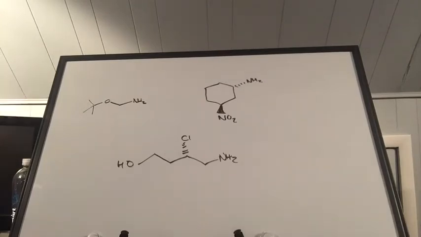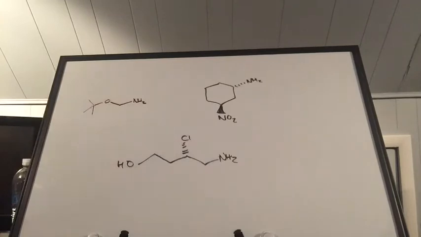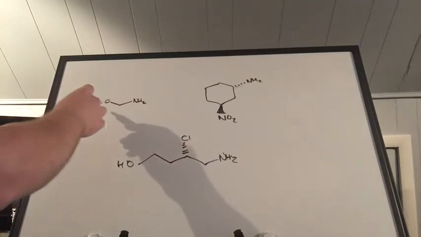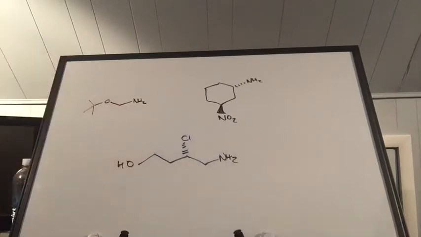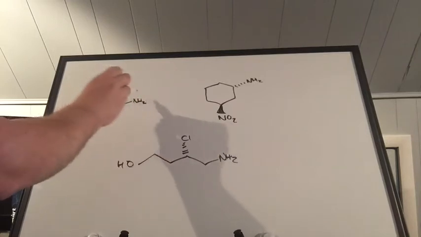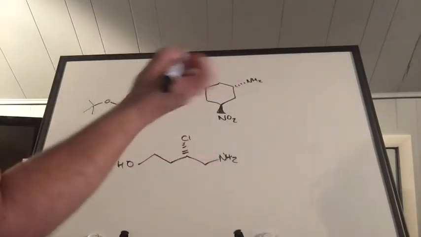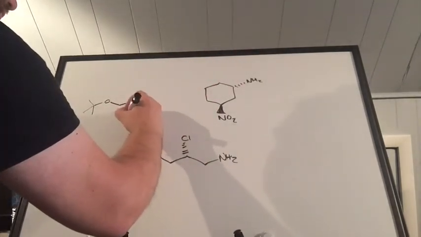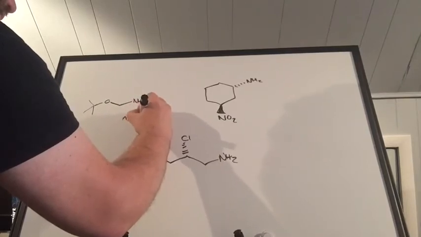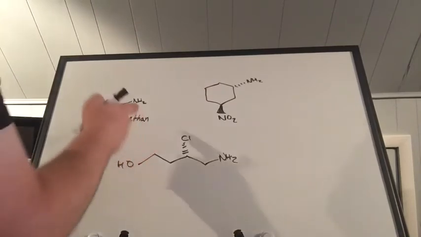So let's go with the easiest one first here. So we have an ether group. Remember, that's going to be lower priority than this amine. In other words, this is going to be mentioned off of this particular carbon, rather, that's connecting these 2 functional groups, right? So this would just be methane because you just have 1. Remember you need to shave off that E at the end of methane, and you just have an amine.